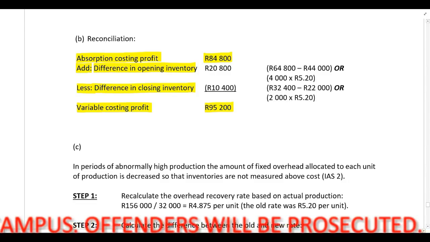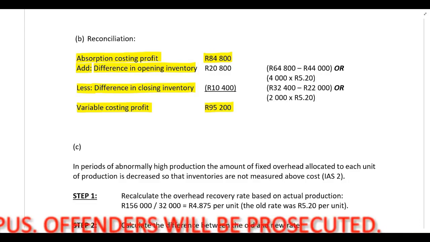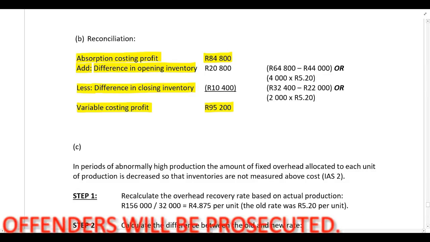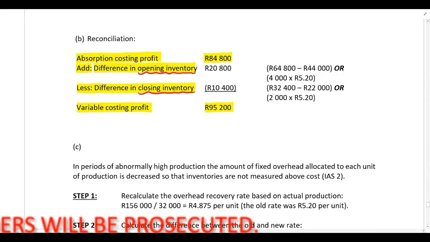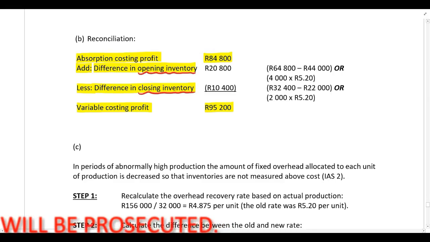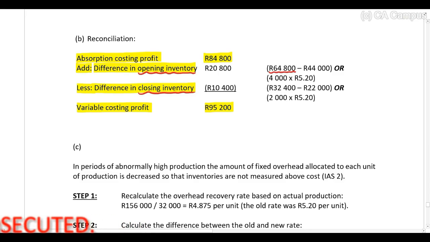Now you can perform this calculation in either one of two ways. Either you can just look at your opening inventory and your closing inventory that's sitting on the statements and calculate the difference between the two. In other words, take the rand value of your opening inventory as per your absorption costing statement, less the rand value of your opening inventory as per your variable costing statement.